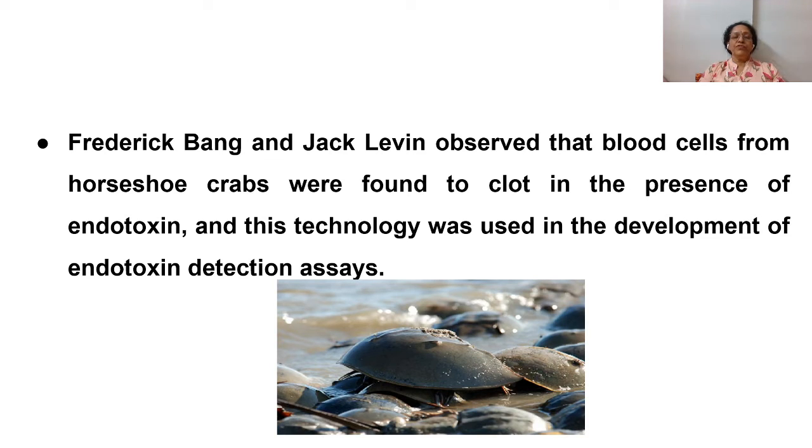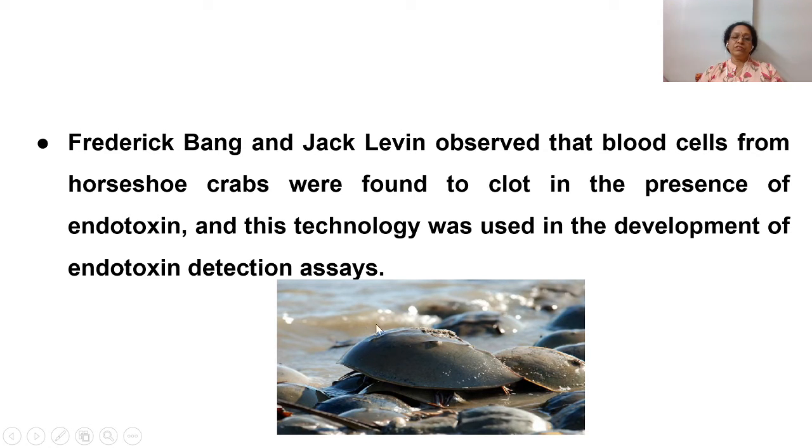Now, before studying this LAL test, we'll see some history of it. Frederick Bang and Jack Levin observed that blood cells from horseshoe crabs were found to clot in the presence of endotoxin.